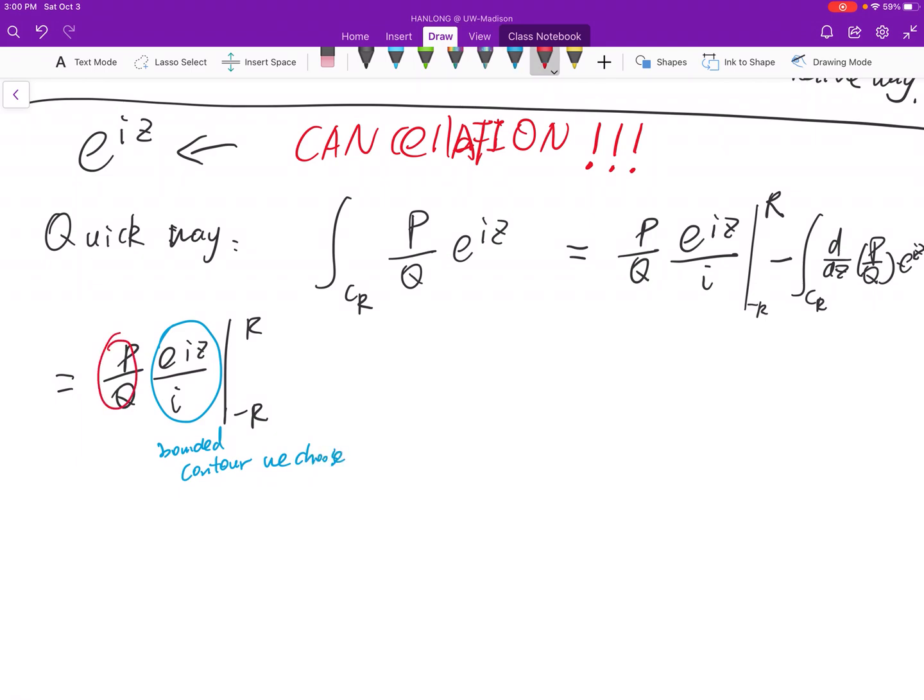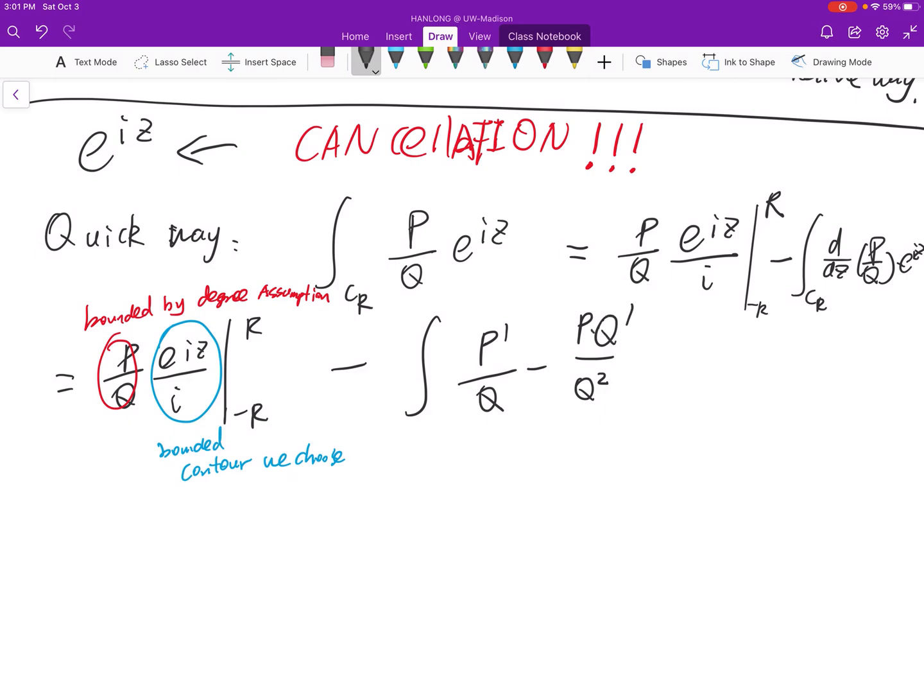This is bounded by the degree assumption. And for the other part, after you take a derivative, you have p prime over q, all minus q squared p q prime times exponential i z.